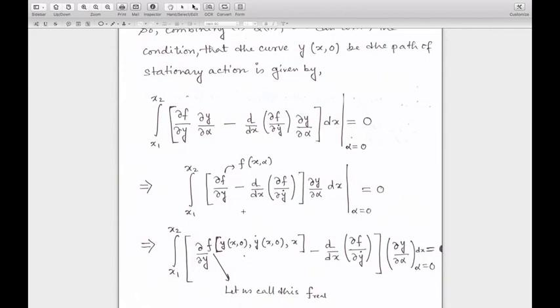Now if we try to understand the meaning of this f in general, it is the generalized f including the real curve or real path and all possible neighboring, infinitesimally departed curves from the real one. So they are in general designated by f of x and alpha.